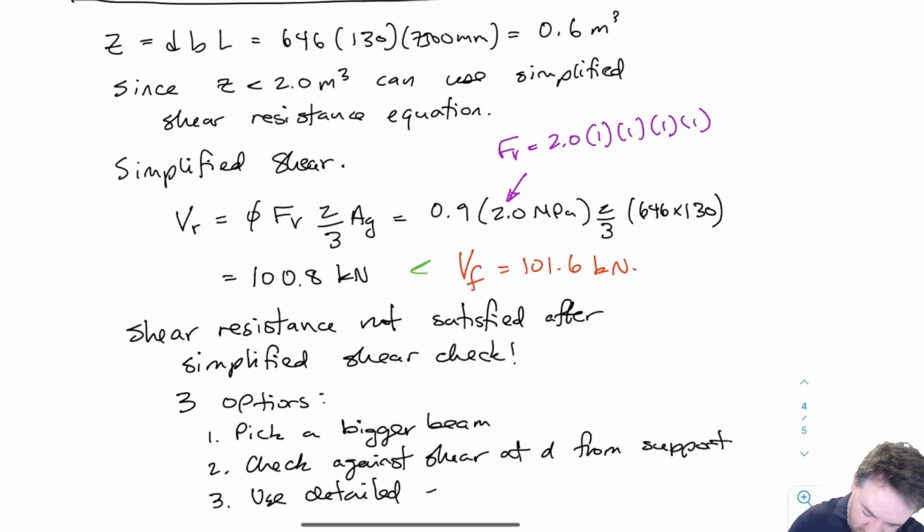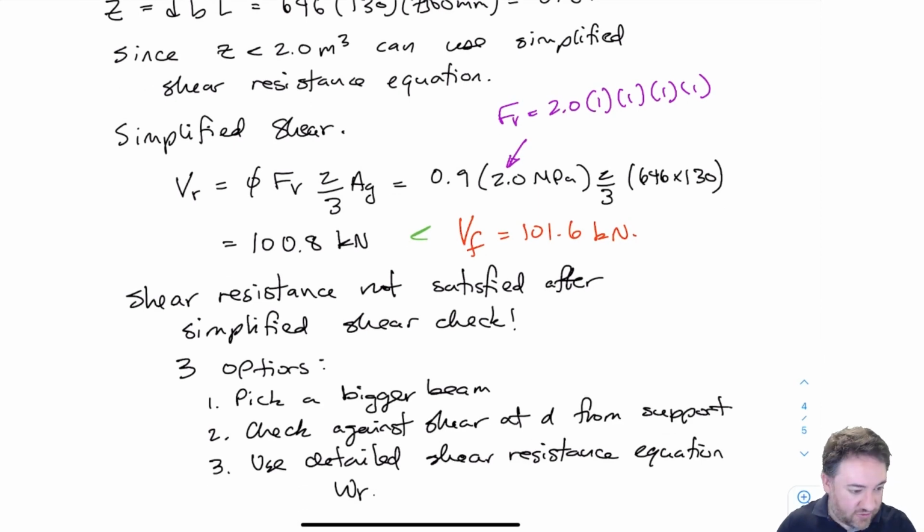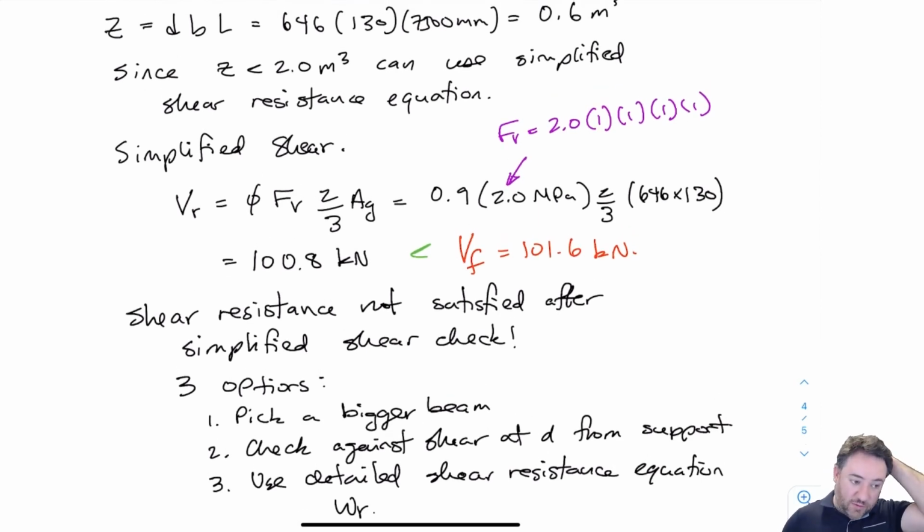Okay, so we have three options here. The worst option is go ahead and pick a bigger beam. Now, if I was way off on my shear resistance, then this would probably be the best choice, but I'm really close. So I can use either of the other two. The first one, which is number 2 in those options, is I can remember that for longitudinal shear, I don't have to check the V at the support, because most of the load that is at the support is going straight to the reaction through compression perpendicular to grain.